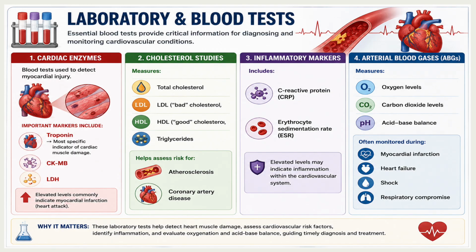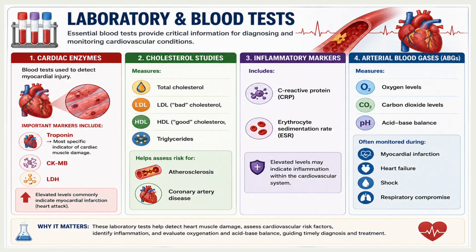So arterial blood gases are also labs that are done. Our ABGs, we covered this in our ABG lecture. They're often monitored during acute cardiac events, for example, myocardial infarction, like a heart attack, right? Heart failure. ABGs will evaluate oxygenation, carbon dioxide levels, acid-base balance.